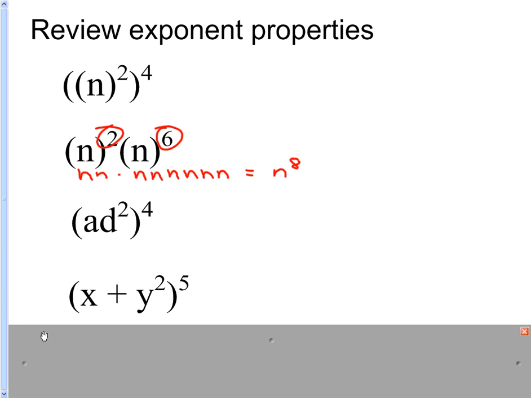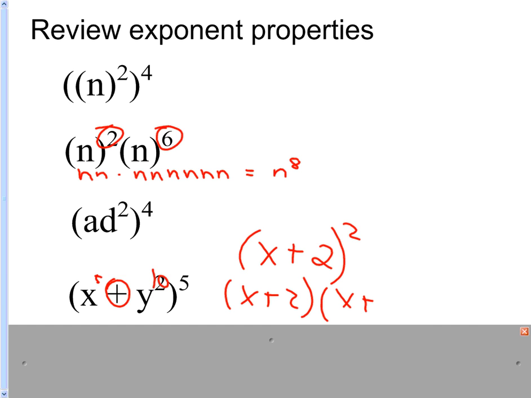So the main thing I want you to know is, if it's adding in the middle, don't just slap on an x to the 5th and a y to the 10th and think you're done. It's so common to have this one and go, oh, that's just x squared plus 4. No, it's not. It's x plus 2 and x plus 2. So it would be x squared plus 4x plus 4.